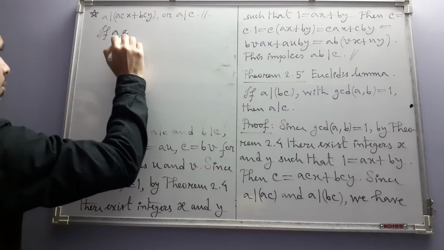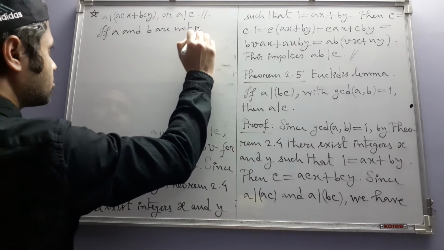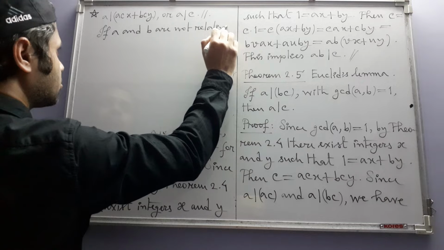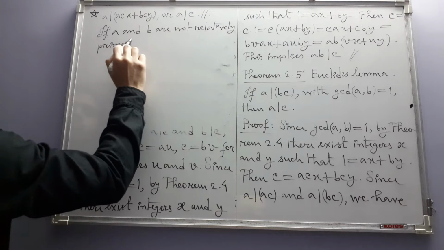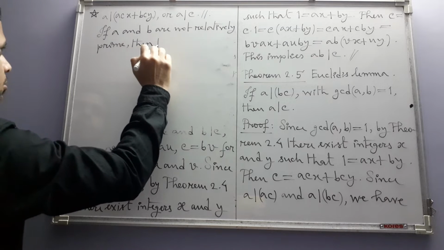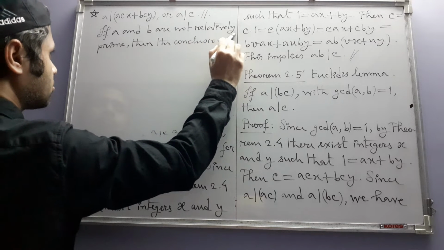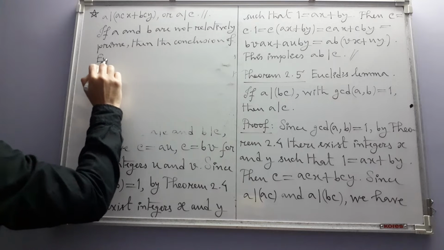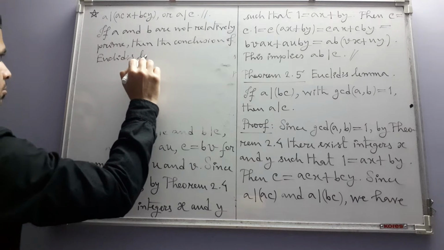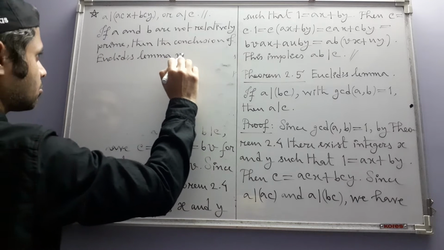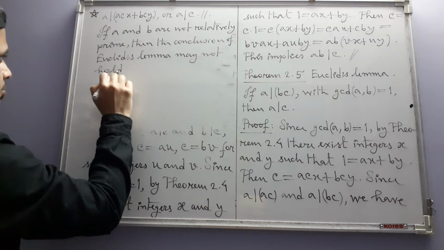If a and b are not relatively prime, then the conclusion of Euclid's lemma may not hold. It may be false.